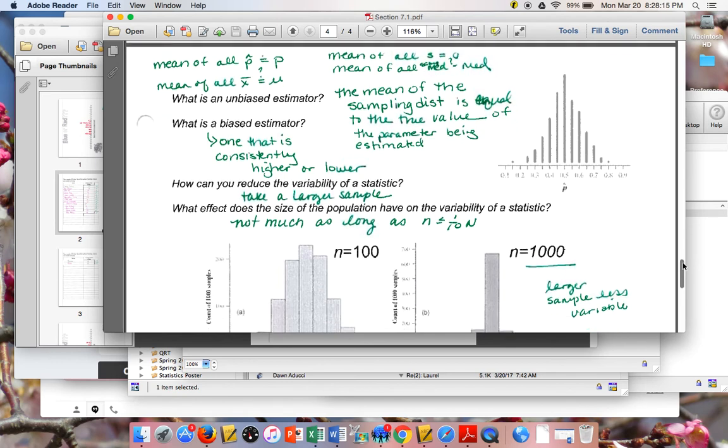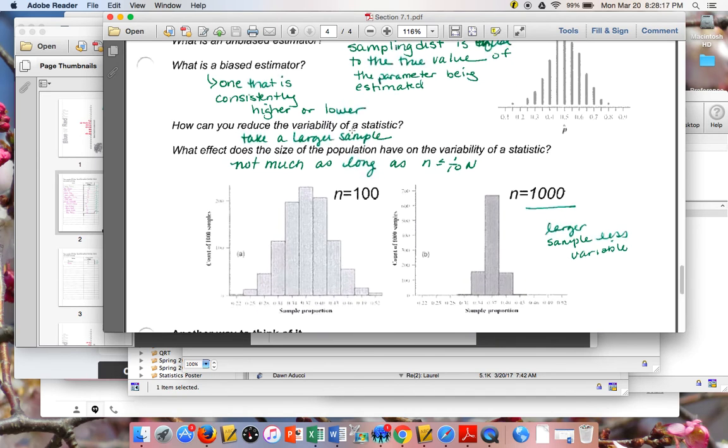How do you reduce the variability of a statistic? If we wanted to reduce the spread, we need to take a larger sample. Below this example, this is a sample of size 100, and this is a sample of size 1,000.